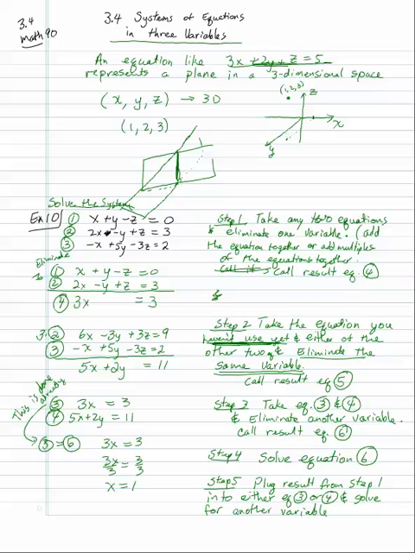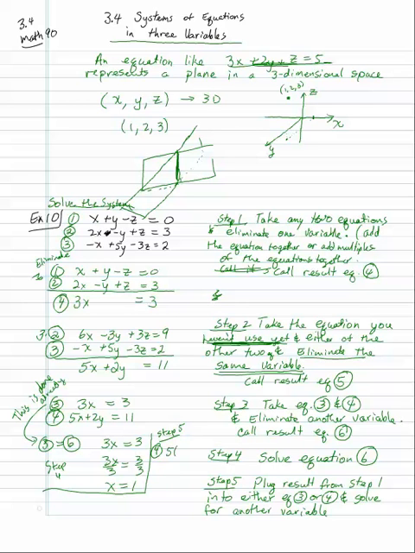Okay, so let me see if I can kind of squeeze. This is step 3 or step 4. I'm going to do step 5 over here. So I'm going to plug x equals 1 into equation 3 or 4. Well, 3 I can't use because it only has x, so I have to use 4.